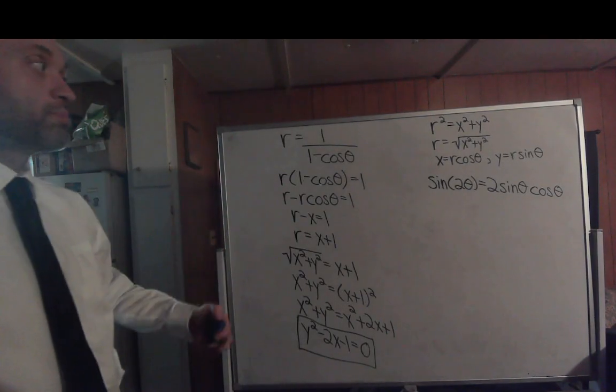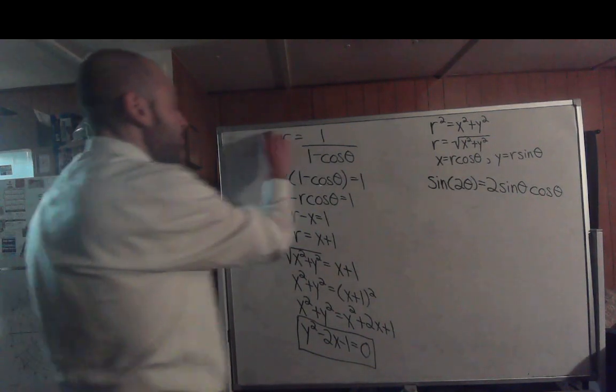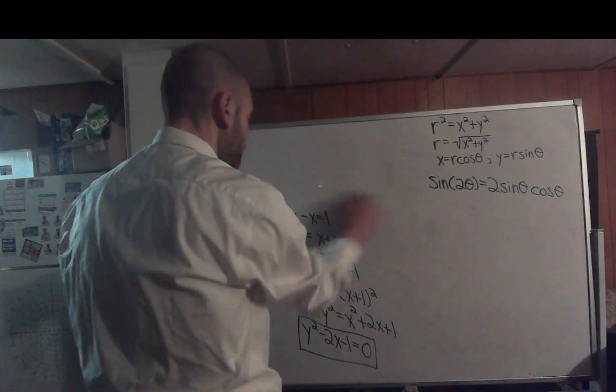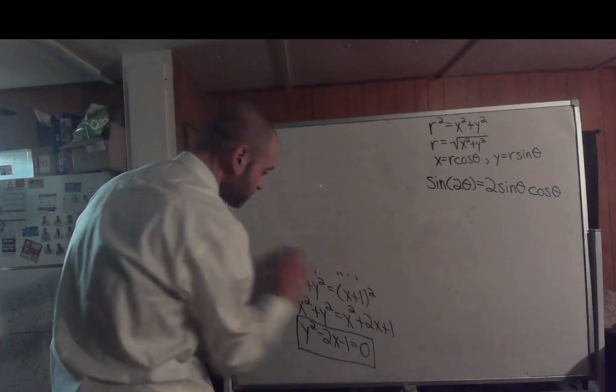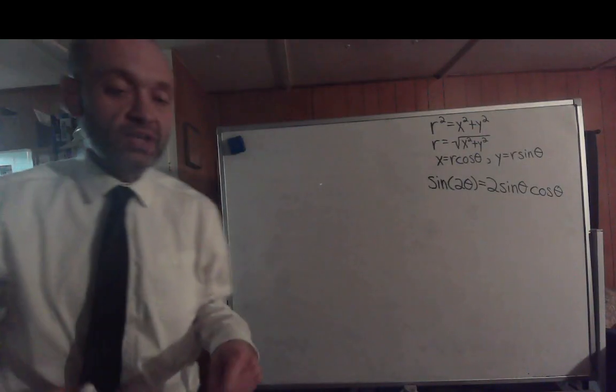And there is your parabola. I have 3 more. Technically it's 2 conic sections, then 1 line, but the last one we do is going to look like a conic section, but it's not.